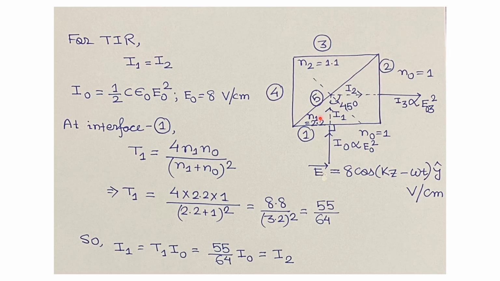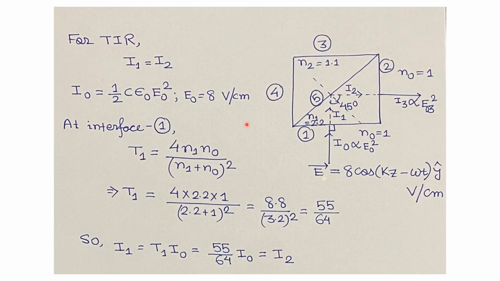As total internal reflection is taking place at the diagonal interface, the intensity of the incident EM wave on this interface, I1, will be equal to the intensity of the EM wave after getting reflected from the interface, that is I2. So I1 equals I2.